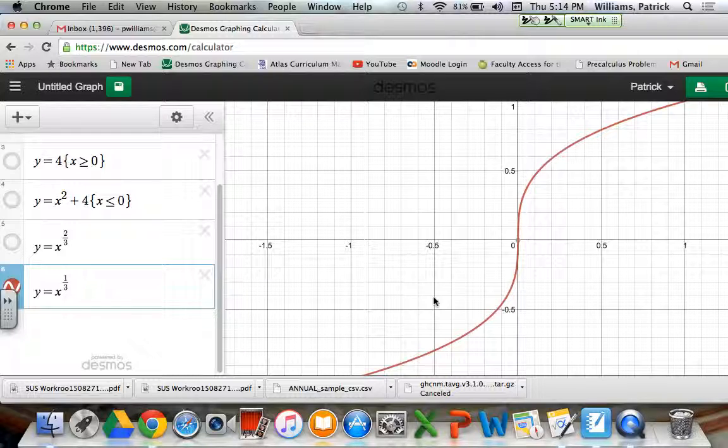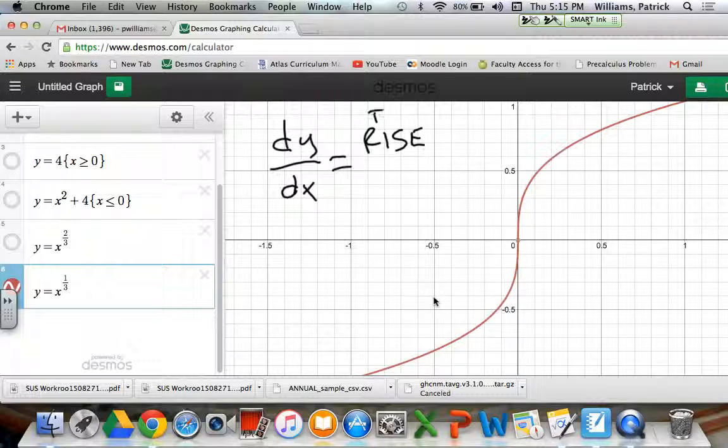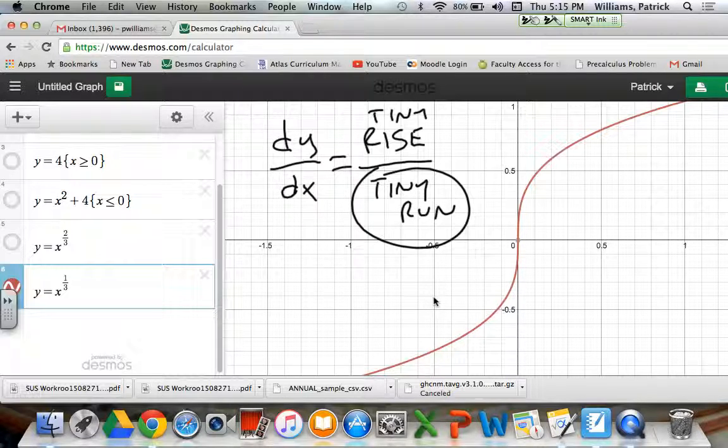But we can't have a derivative be infinity, because if we write the derivative as dy dx, that's basically a tiny rise over a tiny run. Even though this run is a tiny number, it cannot be 0. And if dy dx equals positive infinity, that implies that our run is equal to 0. We can't have that, okay? So a vertical tangent doesn't work.